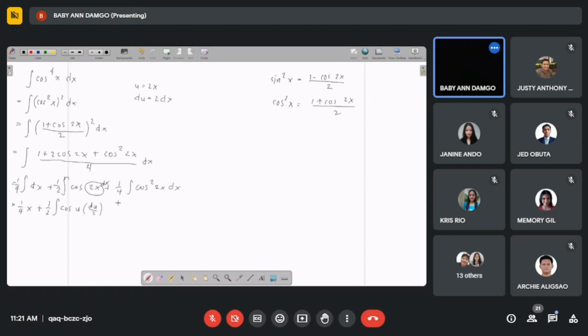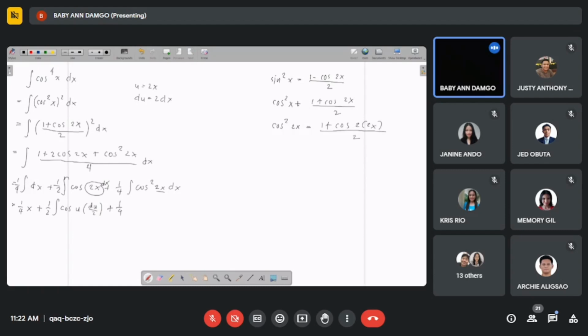Plus 1/4. So here class, i-apply again the identity. Kung kabantay mo, cosine squared 2x, ang ato ang identity is for cosine squared x. So ang buhaton ani class, we have cosine squared 2x is equal to 1 plus cosine 2 times 2x over 2.